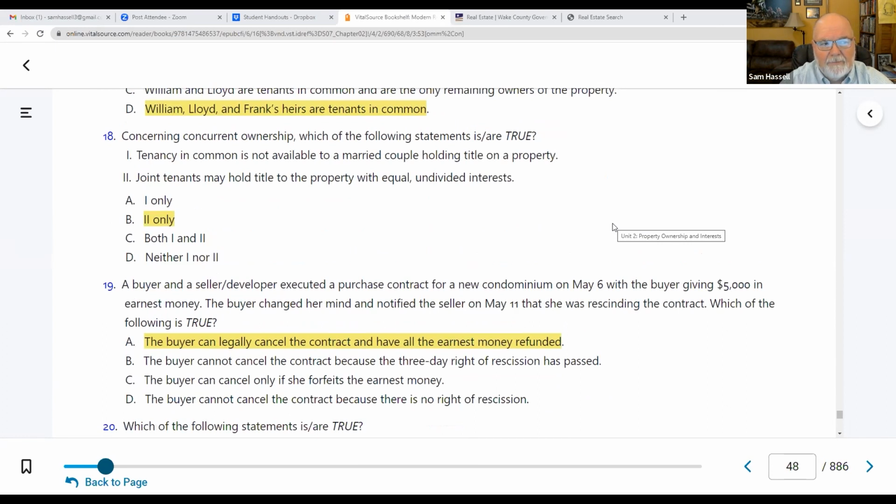Number 18, concerning concurrent ownership. Which of the following statements is or are true? Number 1, tenancy in common is not available to a married couple holding title on a property. Tenancy in common is available to a married couple, right? You can ask for any of them.